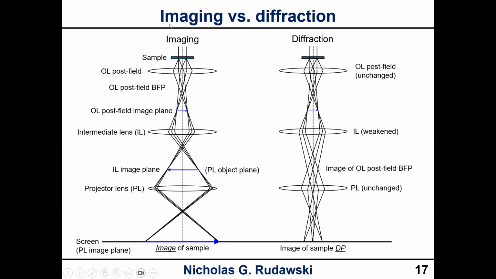Anyways, if we're forming an image, our objective lens forms the image of the sample, and here's that first image of the sample. The intermediate lens then magnifies it and forms an image of an image, and then my projector lens magnifies it again. This is how we're able to generate million X magnifications, by having all these different lenses in the projector system.